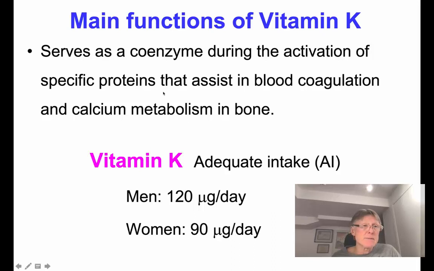It serves as a coenzyme during the activation of specific proteins that assist in blood coagulation. The cascade of events that lead to coagulation has a coenzyme that triggers that process, and vitamin K serves as that coenzyme. Also, the activation of osteocalcin requires this coenzyme activity that vitamin K provides. So it works in both ways as a coenzyme.